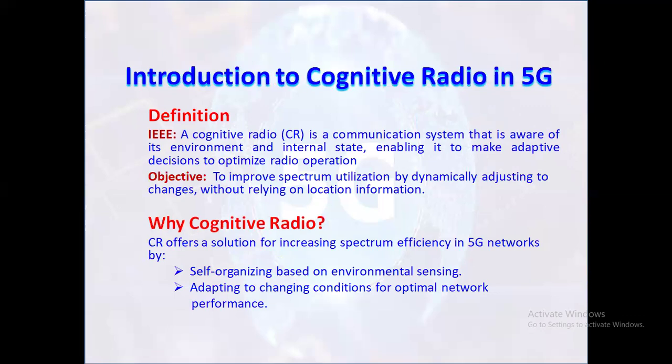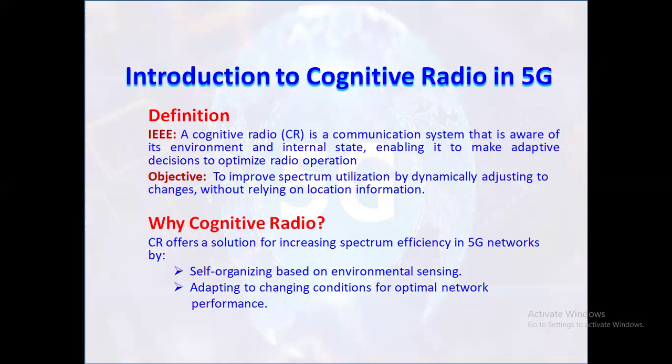Now, first we'll see the definition. The IEEE defines cognitive radio (CR) as a communication system designed to be aware of its environment and its internal state. This awareness allows CR to make adaptive and real-time decisions to optimize radio operations effectively.